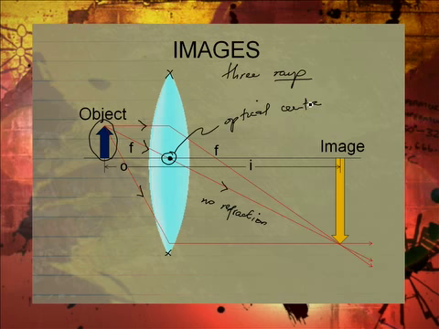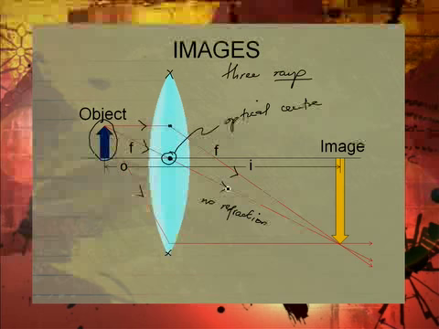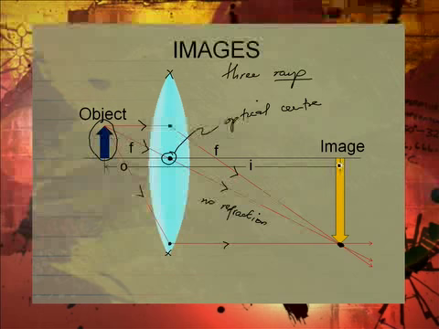Now this one coming there is parallel to the horizontal plane, gets there, it's refracted and goes down like that. This one passes through that point, it is refracted and it gets to be parallel to the horizontal. Where the three rays meet, that is where your image is formed. As you can see, there is the image formed there.